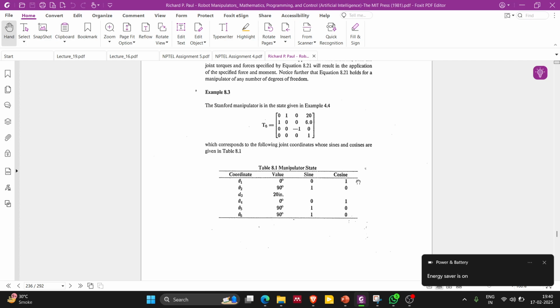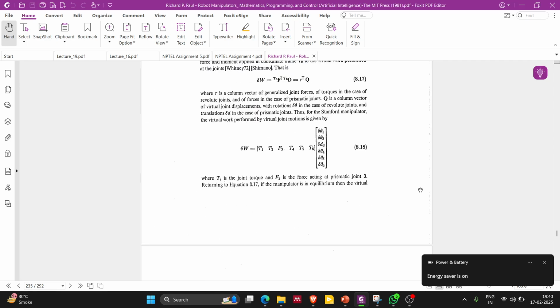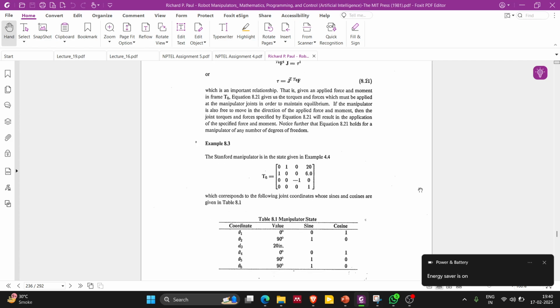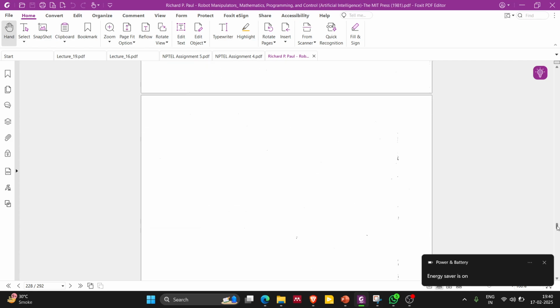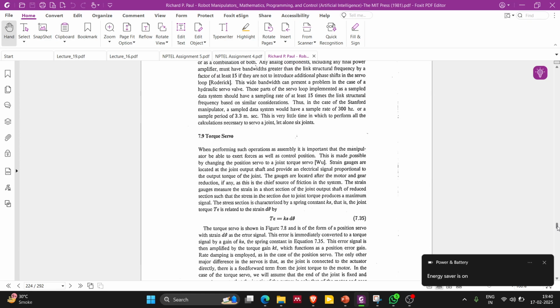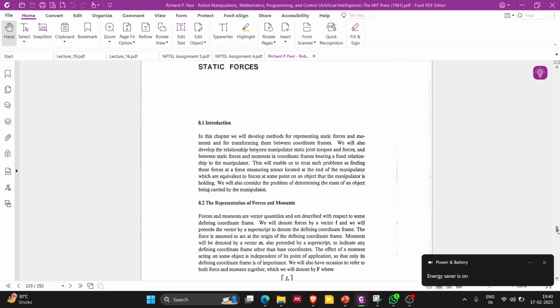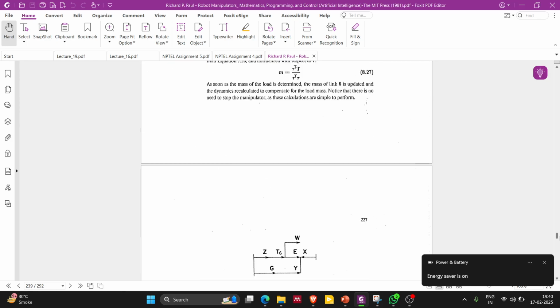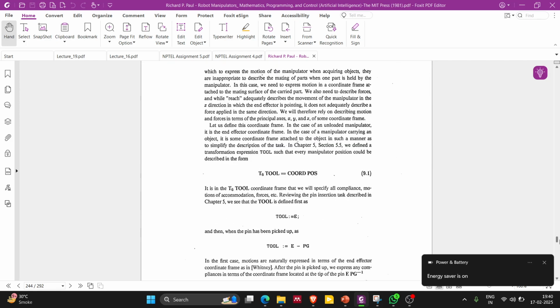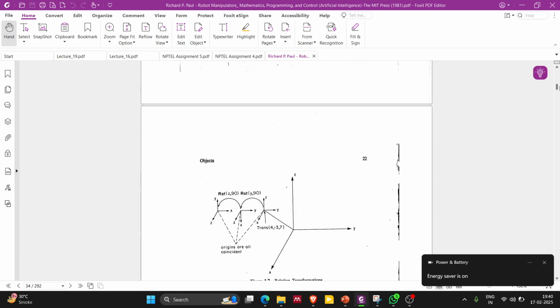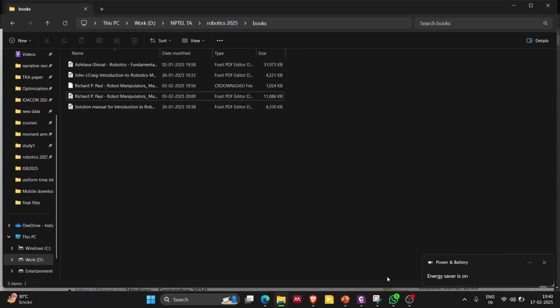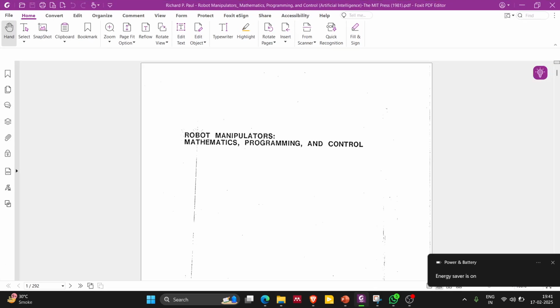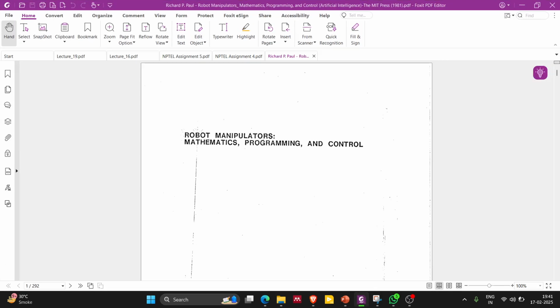Yeah, these are the Stanford manipulator equations, the joint torques. So you can refer to this. Please refer to this book, okay? Because there are some problems solved here which will be helpful.